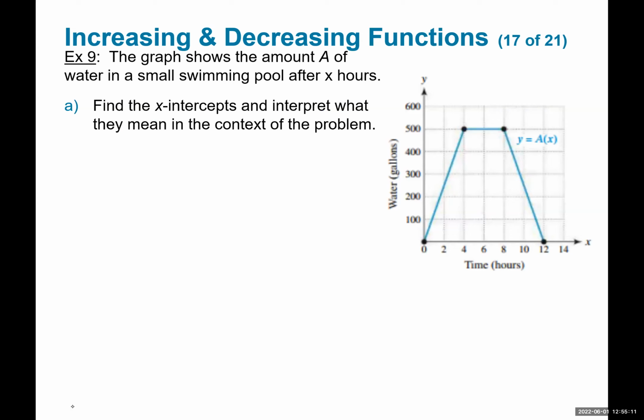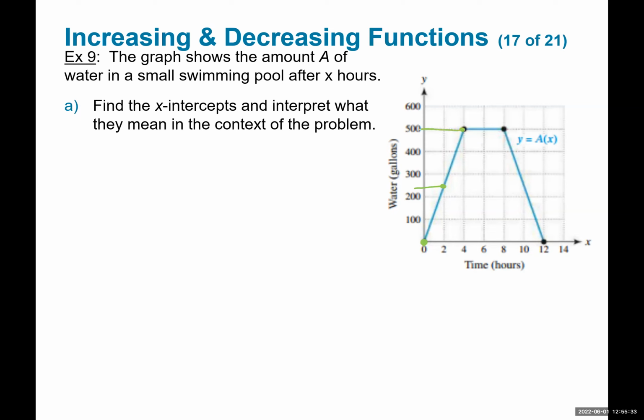Number 9, the graph shows the amount of water in a small swimming pool after X amount of hours. So here we have 0 hours, 0 gallons of water in the pool. After 2 hours, we got some water. After 4 hours, baby, we full.